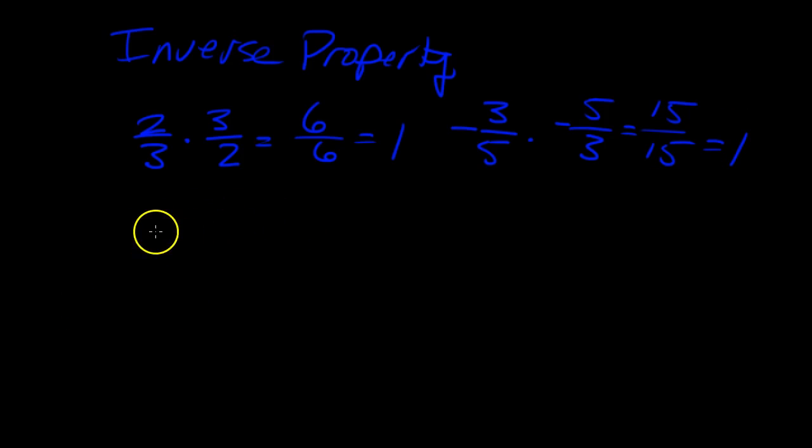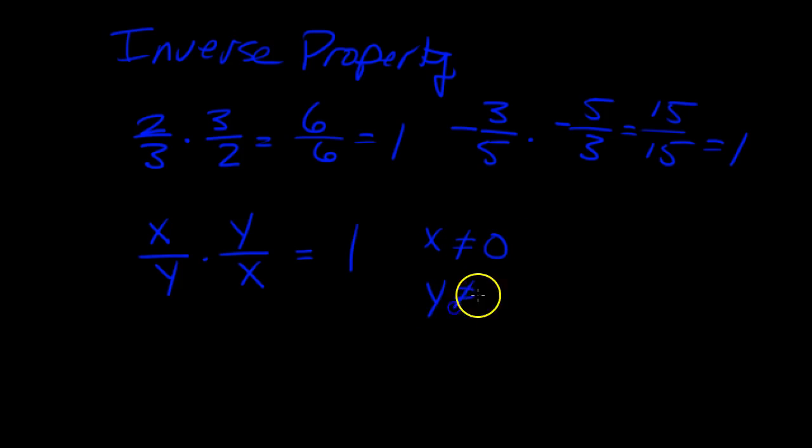So in math language, we would say a number x over y, and then we multiply it by its reciprocal y over x, we'll always get 1. Always, okay? We do have to be careful here and say that x can't be 0 and y can't be 0. We're not allowed to divide by 0.